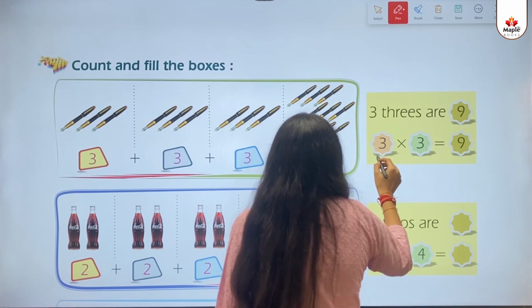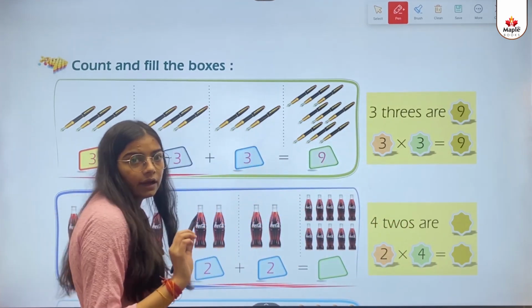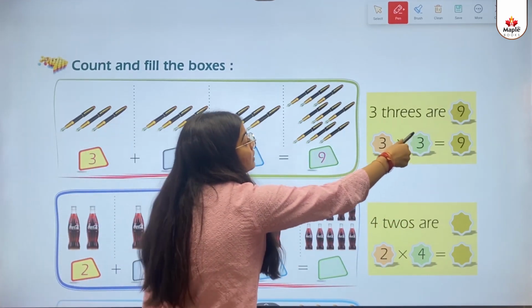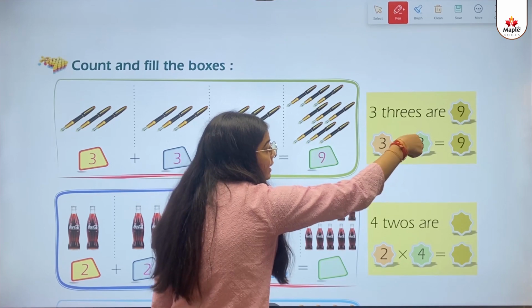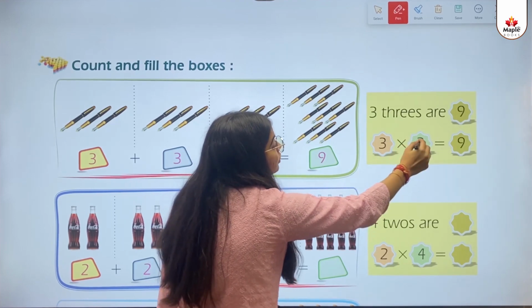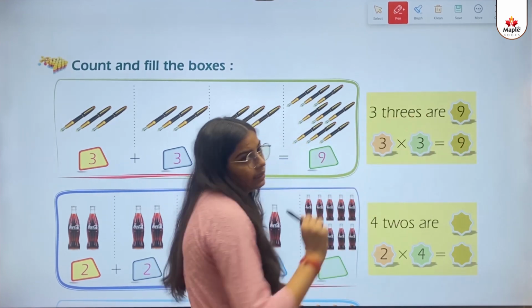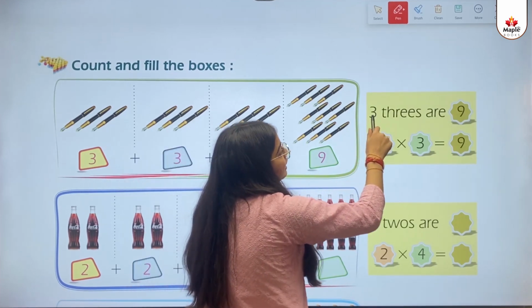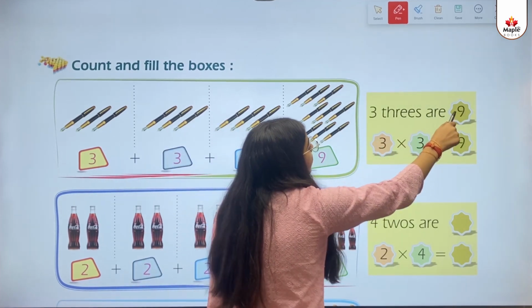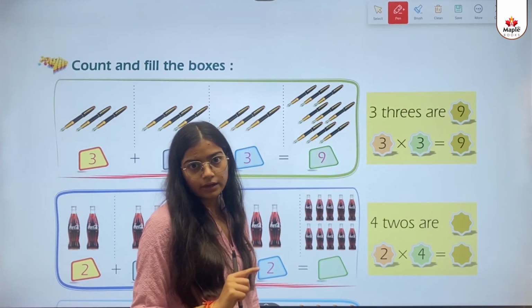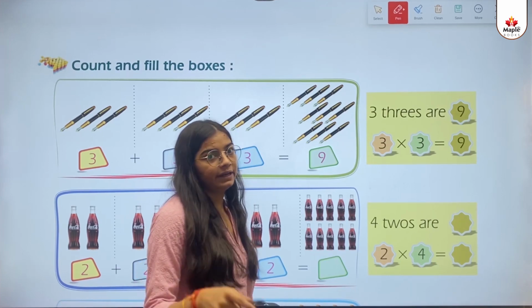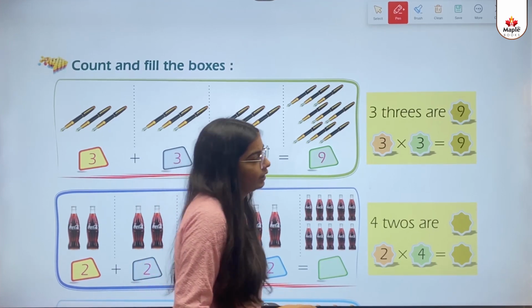And how many groups are there? That is written here in this part. So 3 threes are 9. Is this much clear? So we will solve the remaining questions based on this only.